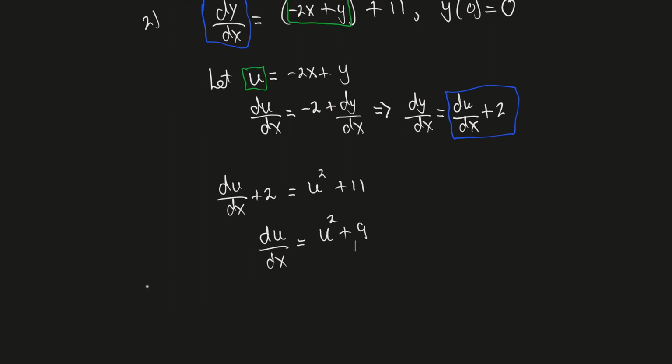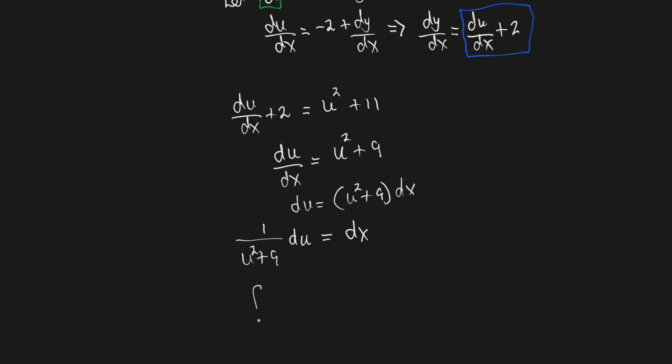If I multiply both sides by dx and divide both sides by u squared plus 9, I have it in separated differential form: 1 over u squared plus 9 du is equal to dx. So now I can integrate both sides, and hopefully we'll be able to isolate our u.